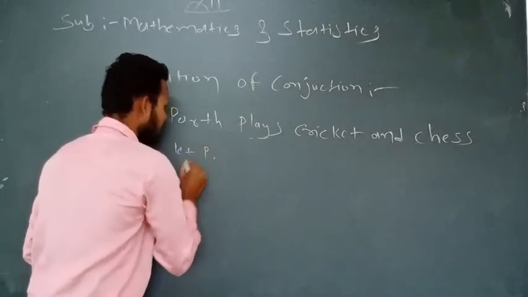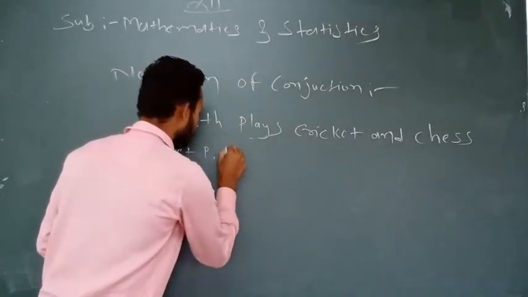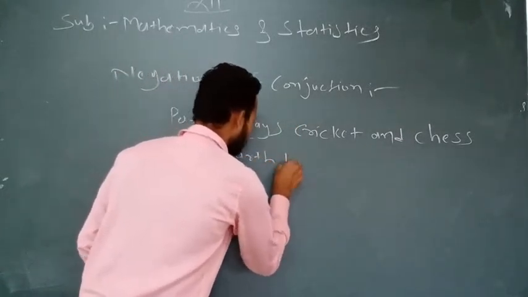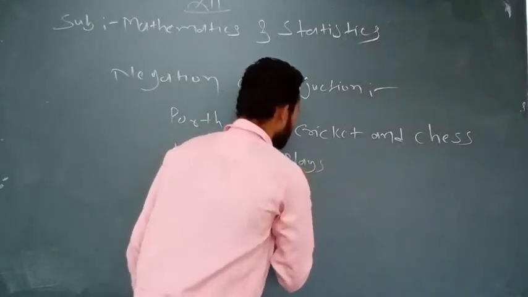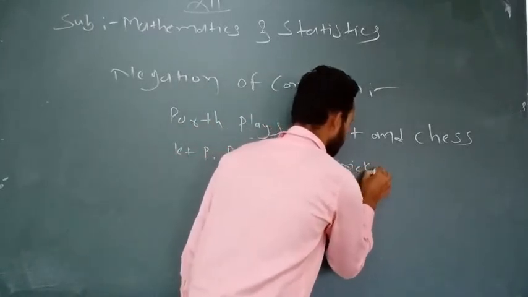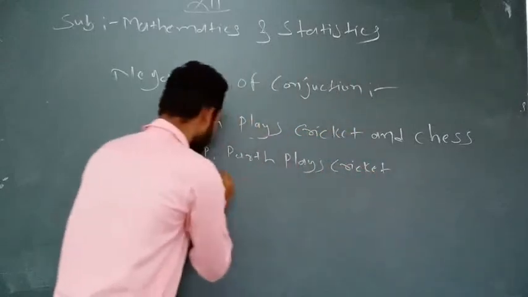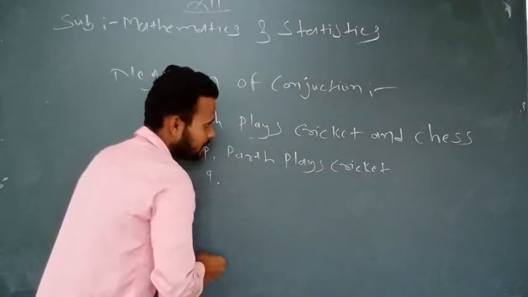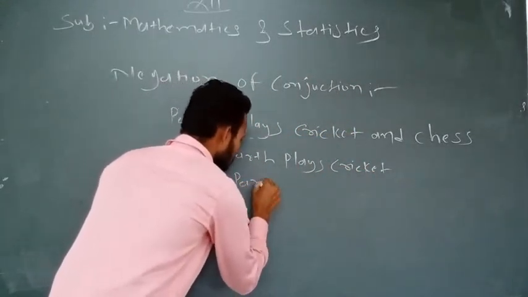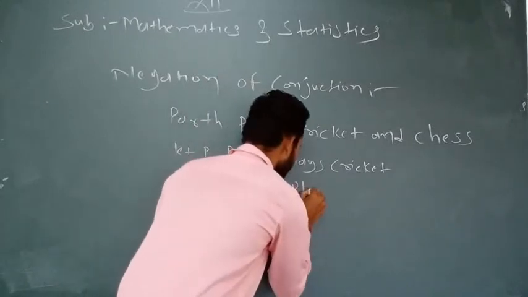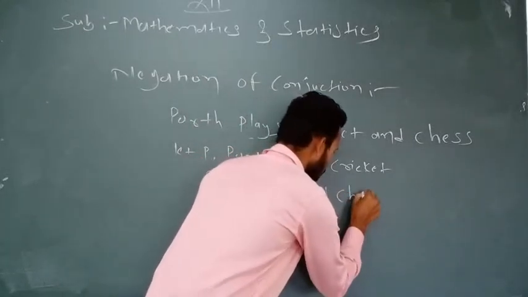Let P denote Park plays cricket and Q denote Park plays chess.